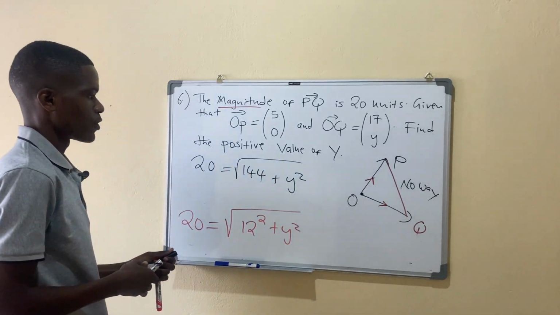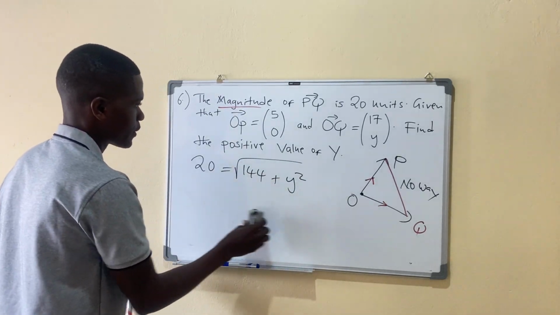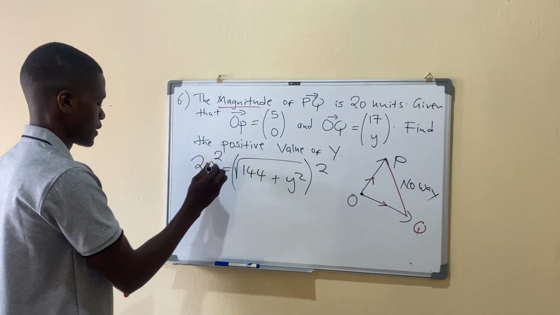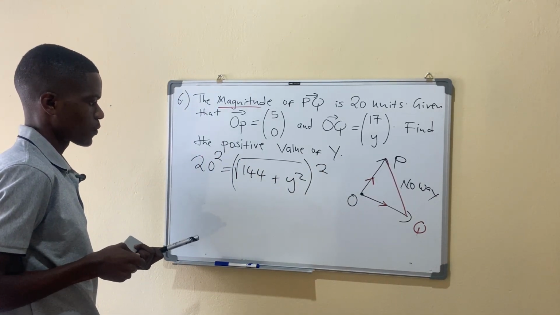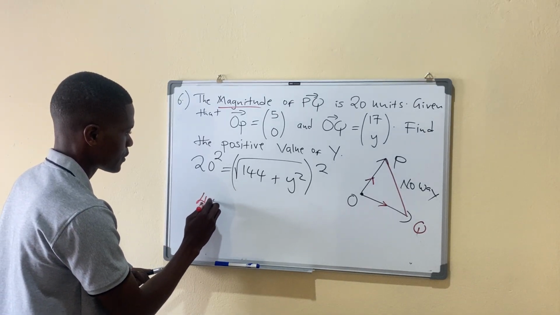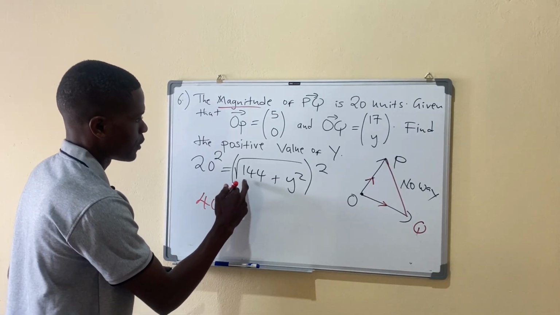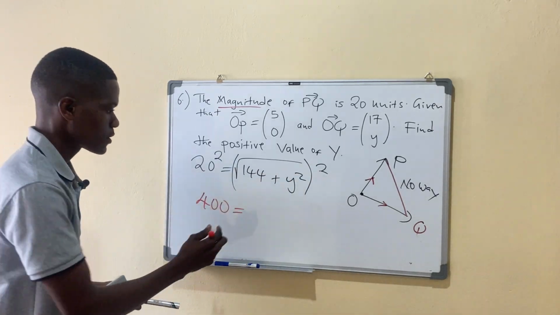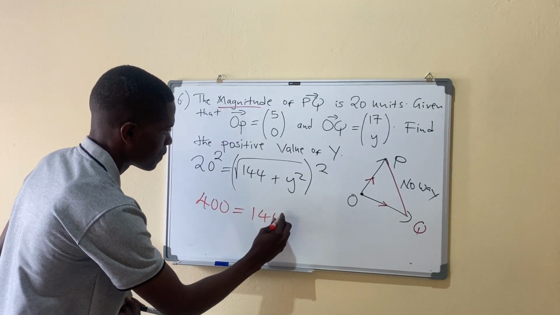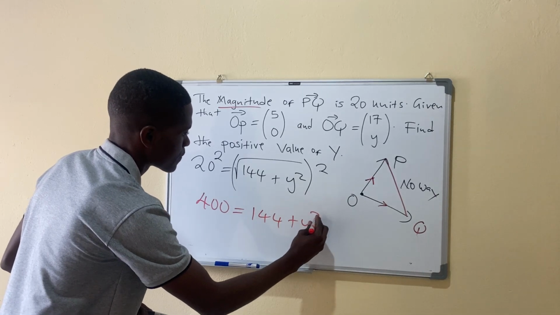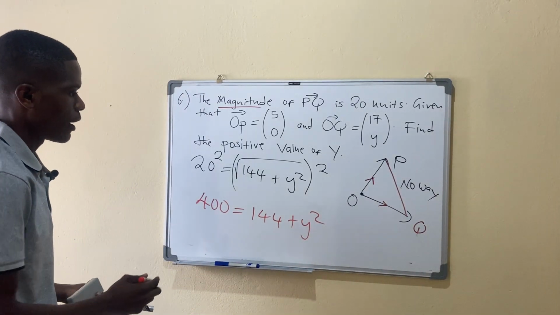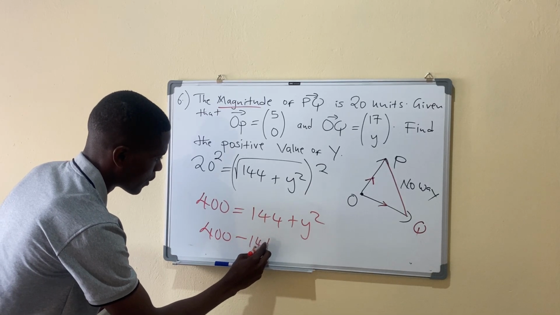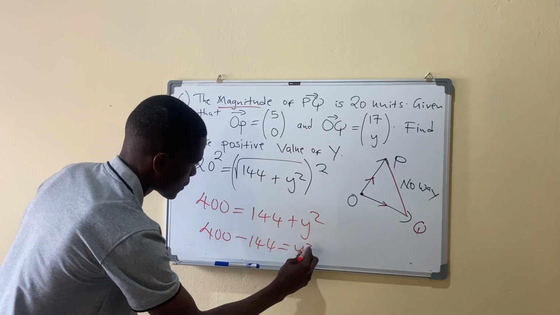We can do away with the square root on both sides by squaring. 20 squared will give us 400, and the square root and the square cancel out, so we remain with 144 plus y squared. Then 400 subtracting 144 is equal to y squared.